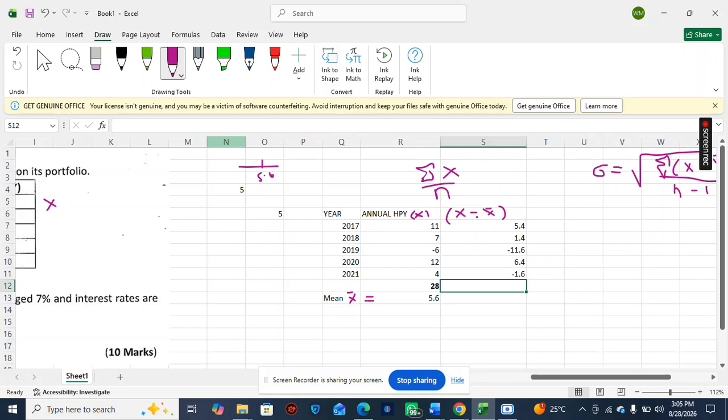Then the standard deviation is like the average distance our data points are from the mean. That's what standard deviation is in actual sense.